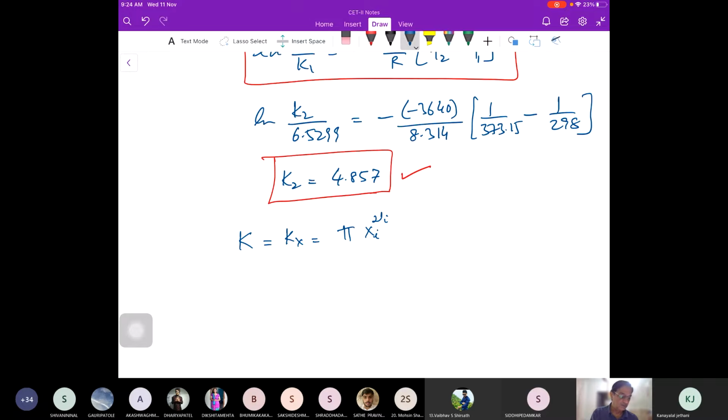Okay, so this will be equal to what? X of ethyl acetate into X of water divided by X of ethanol and X of acetic acid.